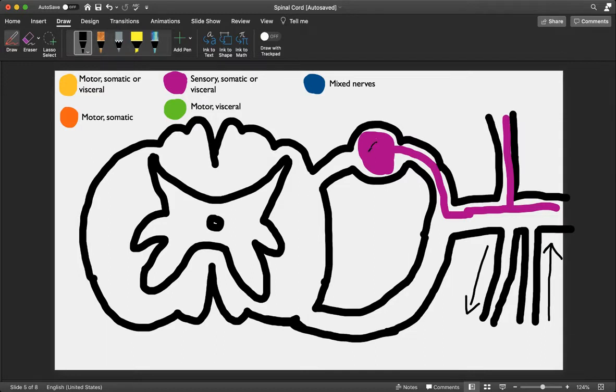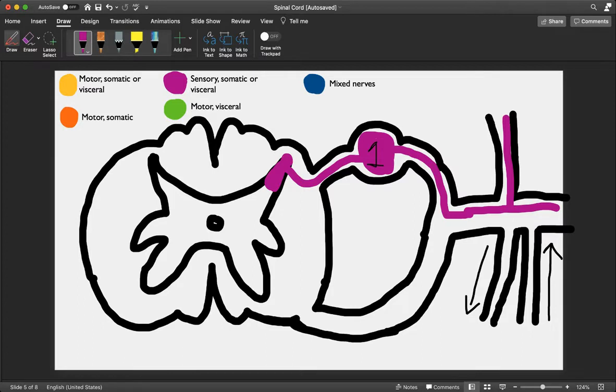So when it gets to the posterior root ganglion, sensory somatic or sensory visceral information becomes first order sensory somatic, sensory visceral. It's kind of just like a processing station in that posterior root ganglion. It does continue on through the posterior root, and then, of course, it lands into the posterior gray horn.